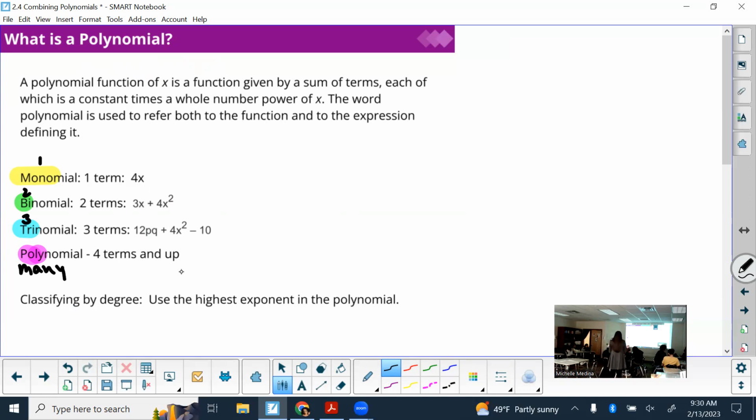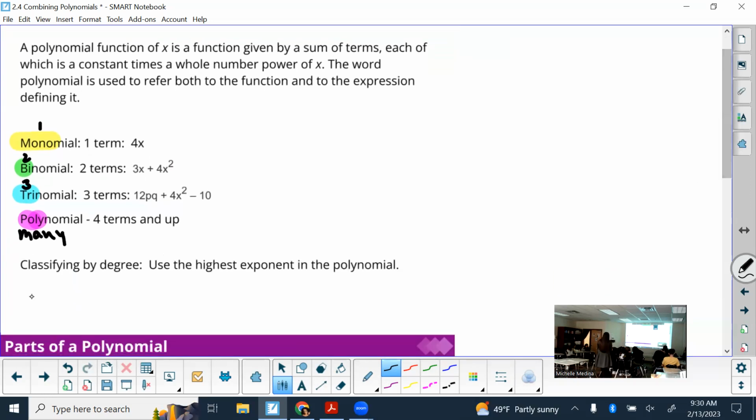So if they ask you to classify a polynomial, it's by the number of terms. If they ask you to classify by degree, that has to do with exponents. I'll show you a few examples of that. The way that I've always learned it and taught it, though for some reason it varies slightly, is that if you have a term with multiple variables, you add all those exponents.